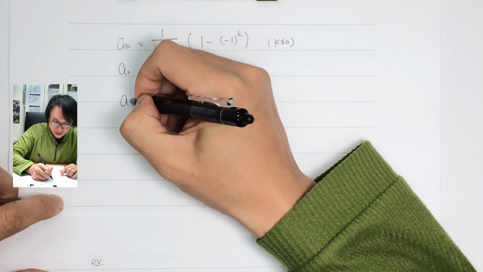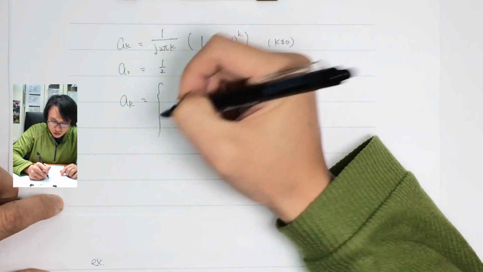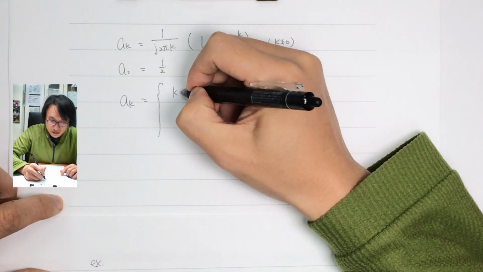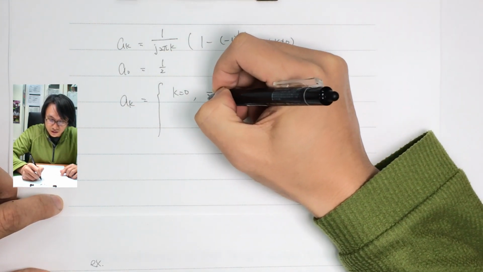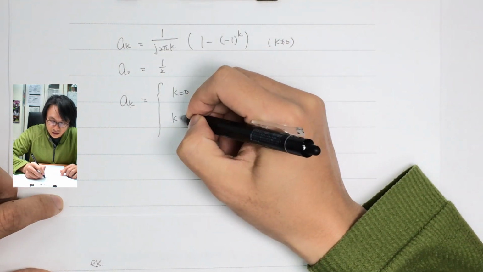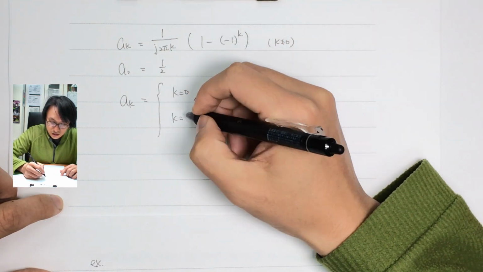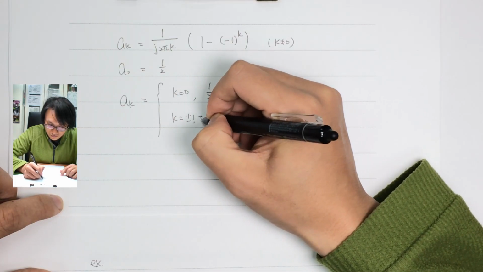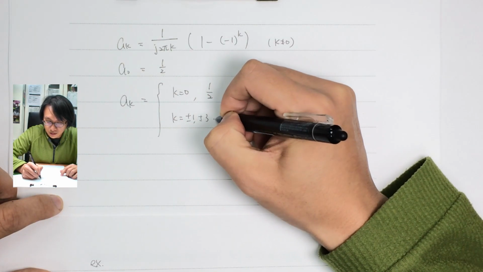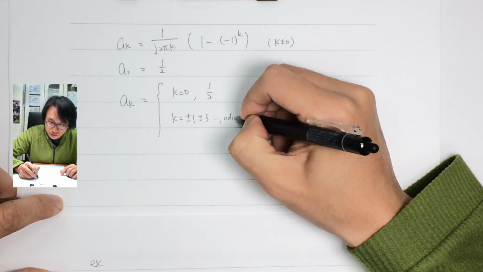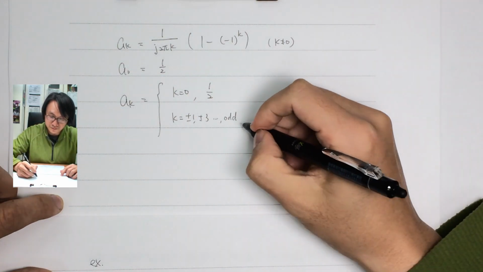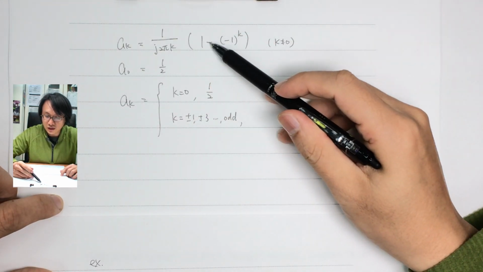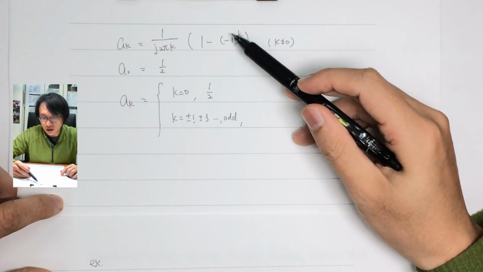So a sub k has 3 cases. First, if k equals 0, it's 1/2. If k is odd, like plus or minus 1, plus or minus 3, the odd integers, then 1 minus negative 1 equals 2, and the 2 cancels.